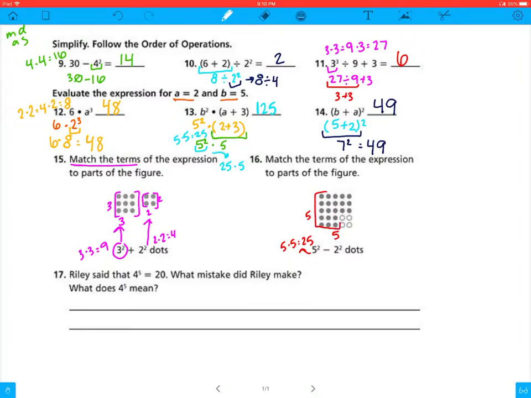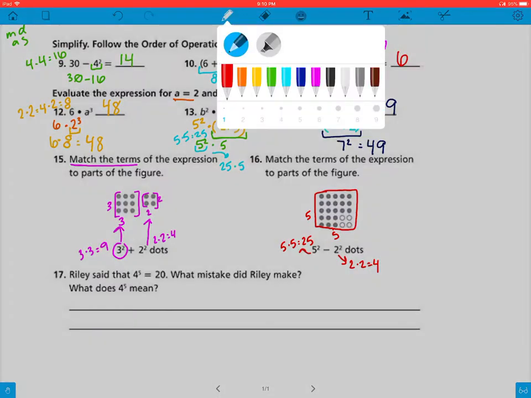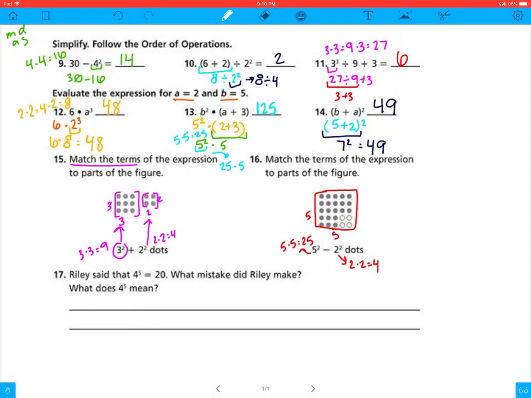And I'm going to block out, and you notice I grab my eraser and I block out the entire thing. I put a red square around it because that's my 25, but I'm taking away 2 multiplied by 2, which is equal to 4, and you see those 4 white circles, those dots, that's the subtraction. So my answer is the amount that are the black dots. One way to model math.